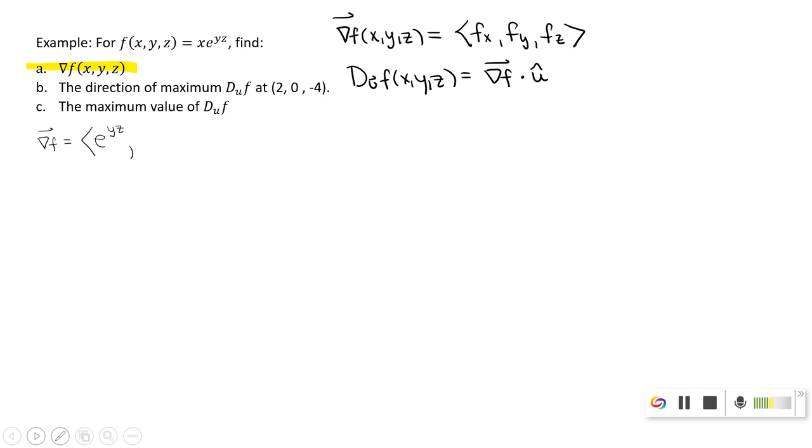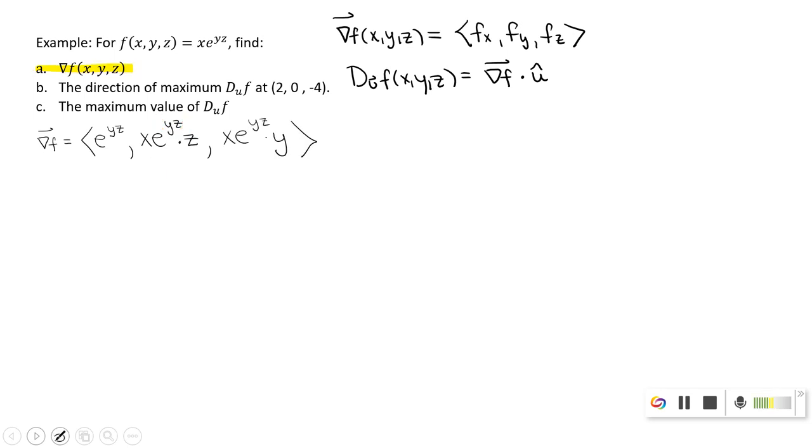So for example, if I'm going to find my gradient vector for the function x e to the yz, I'm going to find my derivative with respect to x. That's just e to the yz. My derivative with respect to y would be x e to the yz, and then with the chain rule, I have to multiply by the derivative of yz. That's just z. So x e to the yz times z.